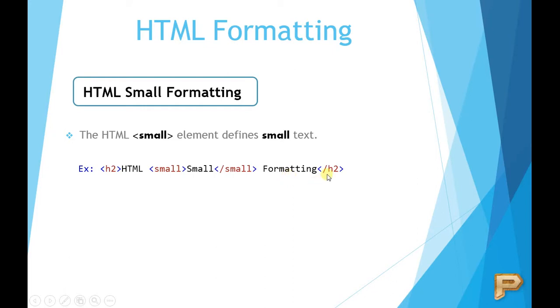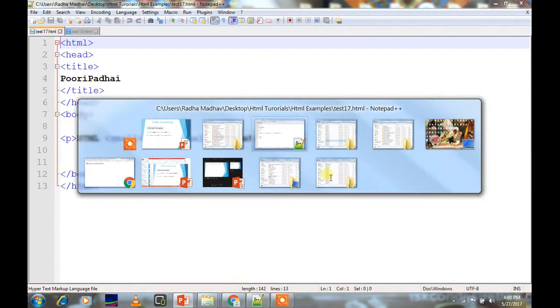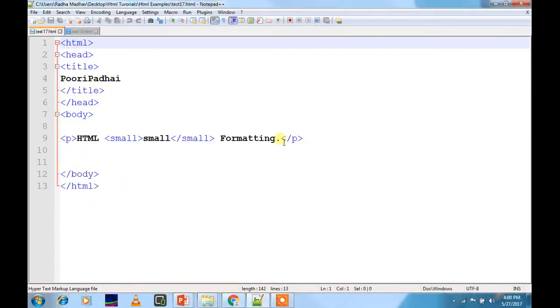Now we will go to Notepad++ quickly to see what the output could be. Here we have written a P tag with HTML small and formatting. What does small do? It will basically make the letters of the small text less in size.